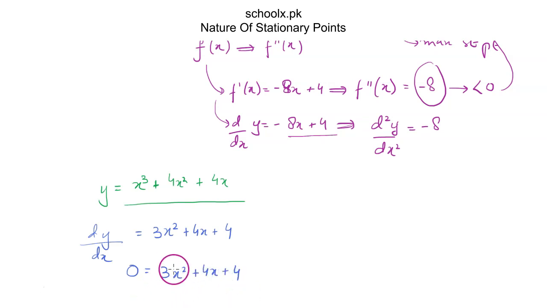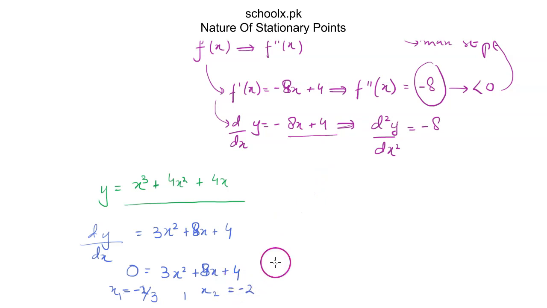From this we get x equals negative 2 by 3, or x equals negative 2.